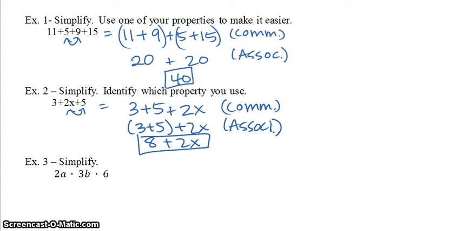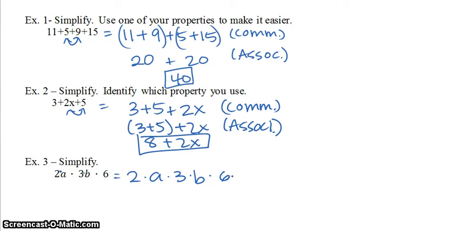Likewise, for this multiplication problem, again, we don't know what A and B are, but we need to simplify this as much as possible. So if you think about this, 2 is being multiplied by A and 3 is being multiplied by B. So really, if you want to think of this, it's 2 times A times 3 times B times 6. Okay?